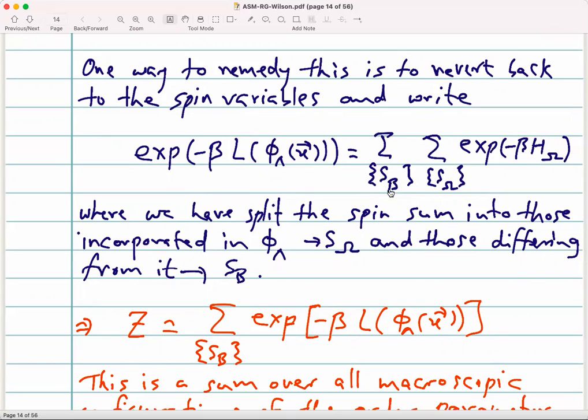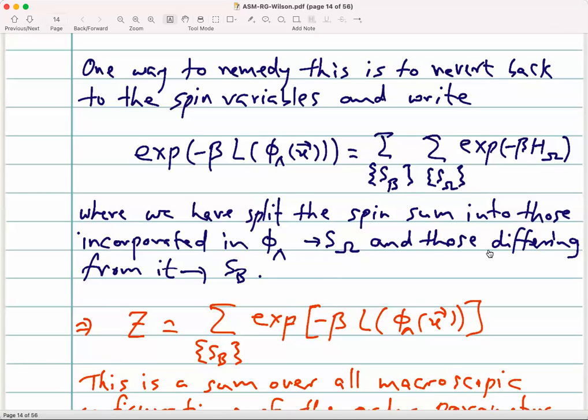Okay, and therefore you replace S, phi lambda by spins belonging to the block within which all the spins take roughly the same value, equivalent to the order parameter value.